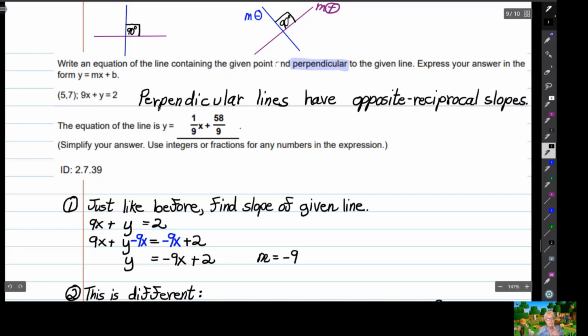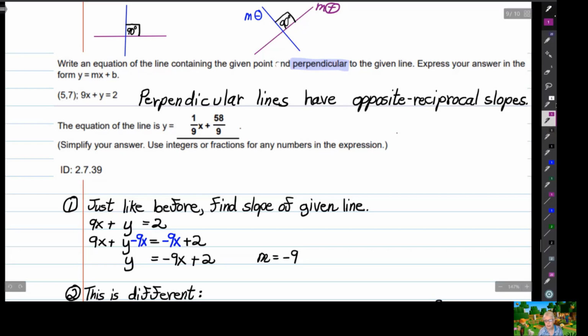The slopes of two lines that are perpendicular to each other have this relationship. It's called opposite reciprocal. Here's an example that has nothing to do with our line.